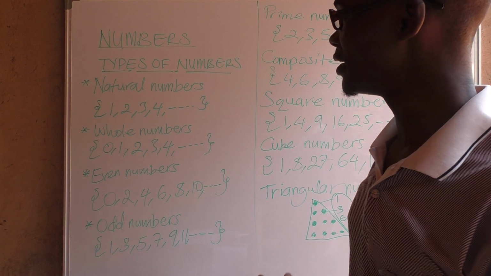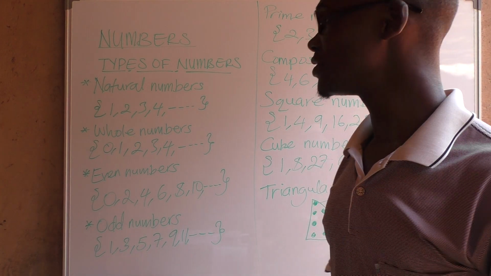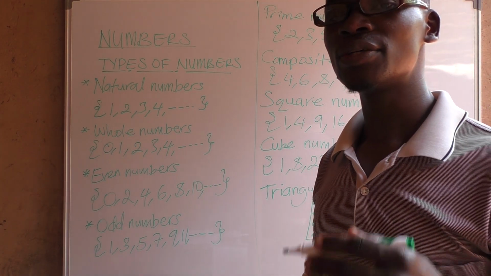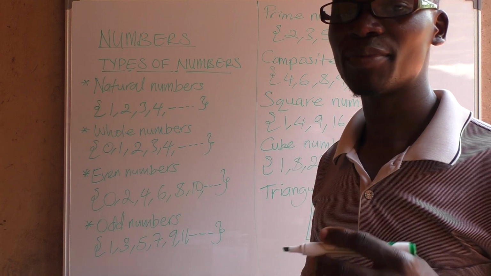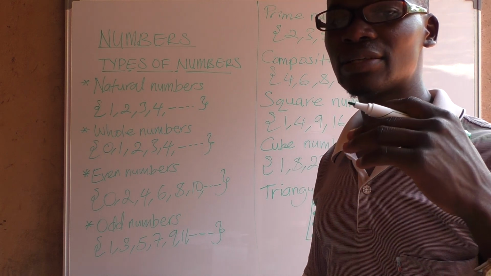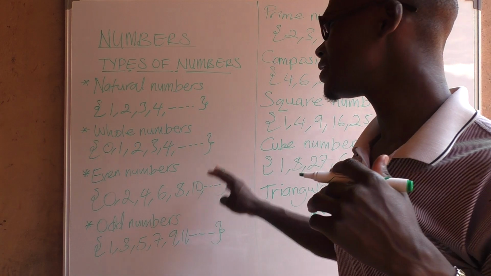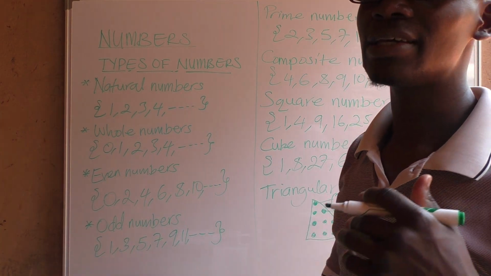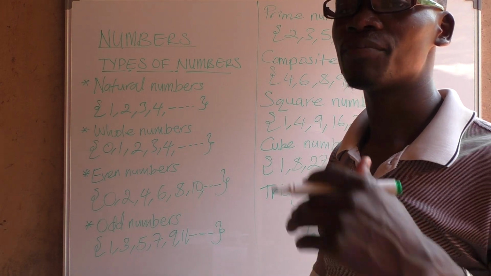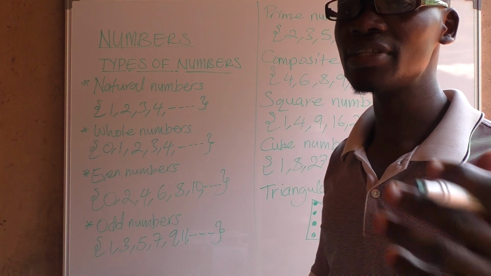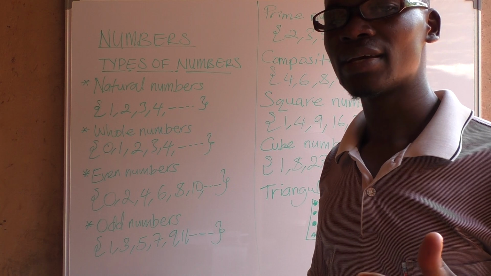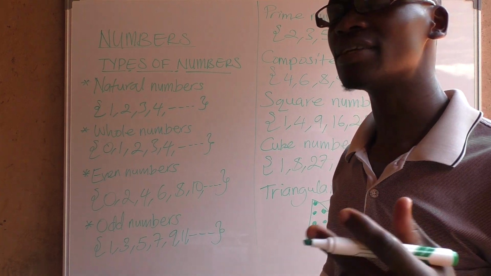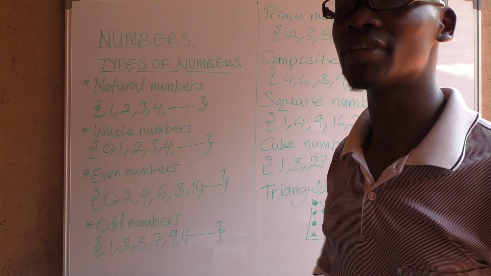That has been numbers. Please make sure you know these types of numbers, because we apply the knowledge of the types of numbers in solving problems in other topics. For instance, they will give you 2 sets having different numbers but of different types.